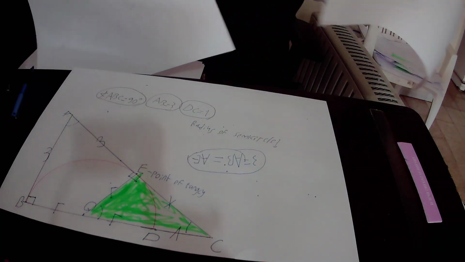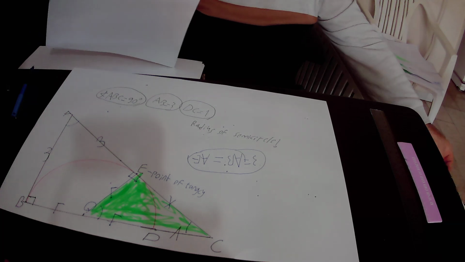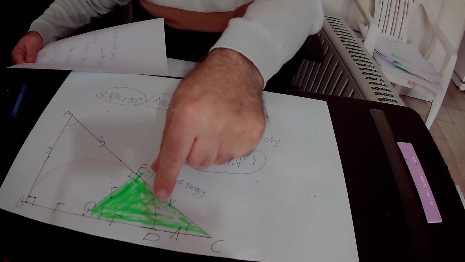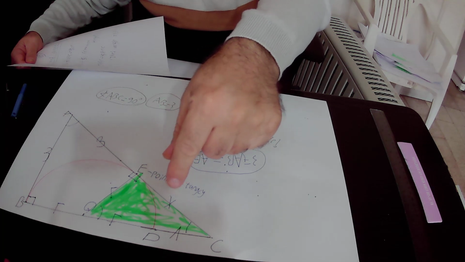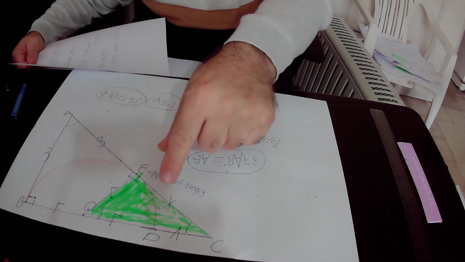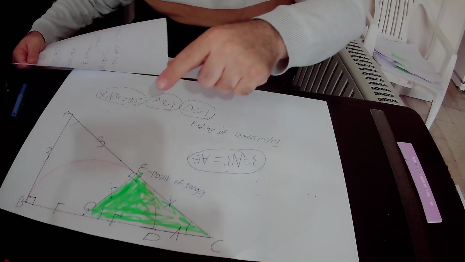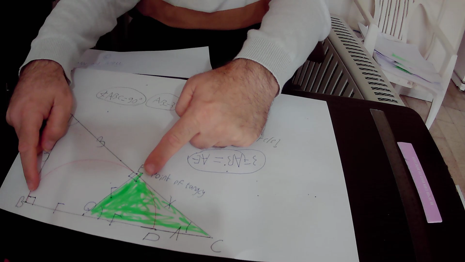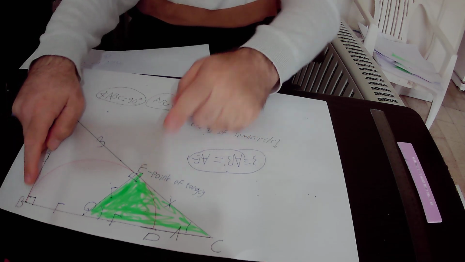Okay, then we focused on the right triangle ABC and on the green right triangle OEC, and we proved that those two triangles are similar to each other. First of all, we know that those two angles are equal to each other, they are both right angles.